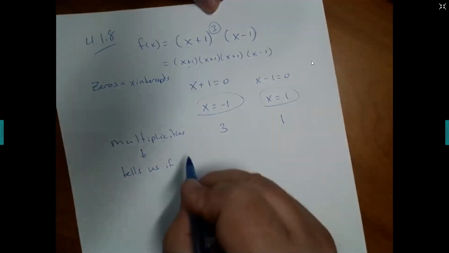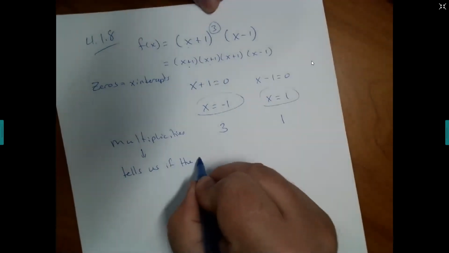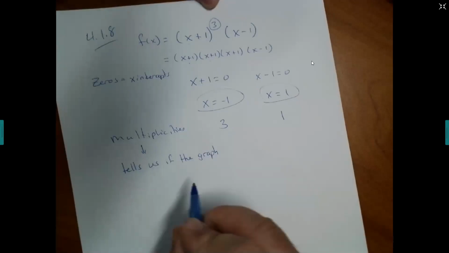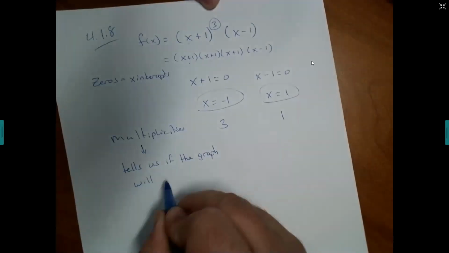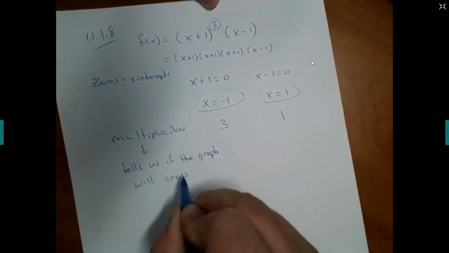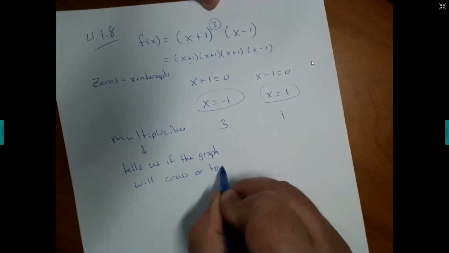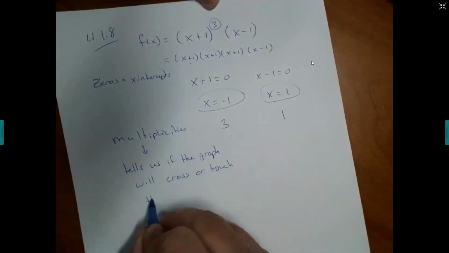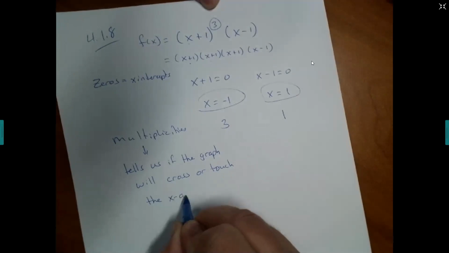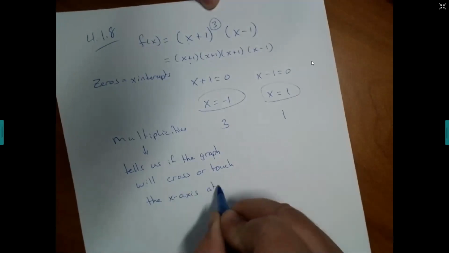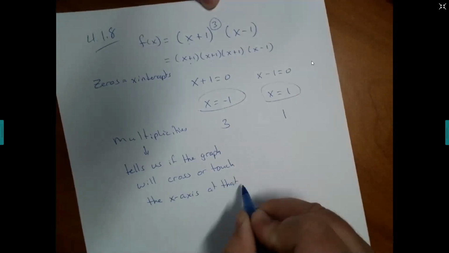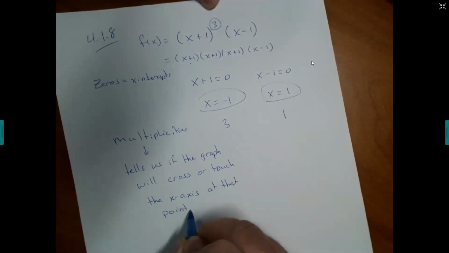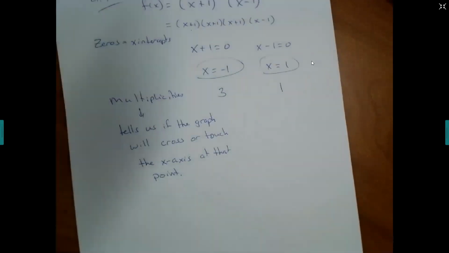The multiplicity tells us if the graph will cross or simply touch the x-axis at that point.